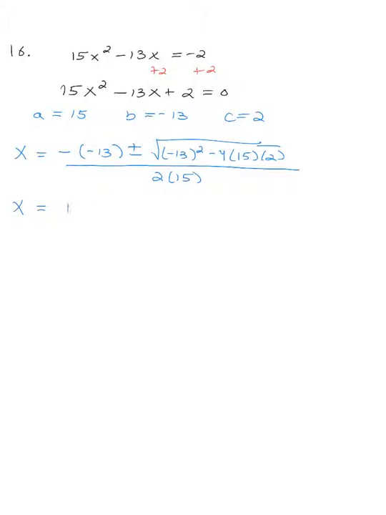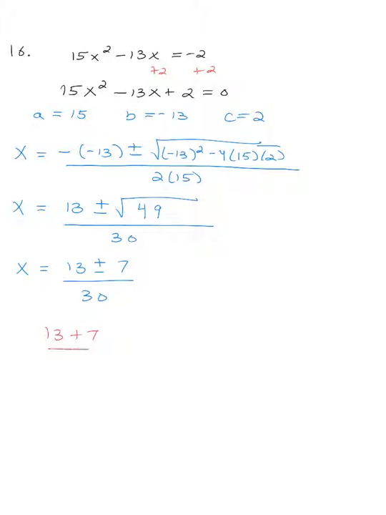This simplifies as positive 13 plus or minus the square root of, okay, negative 13 squared minus 4 times 15 times 2. It's 49, all over 2 times 15, which is 30. Here I have 13 plus or minus 7 all over 30. I have two solutions, 13 plus 7 over 30 and 13 minus 7 over 30.